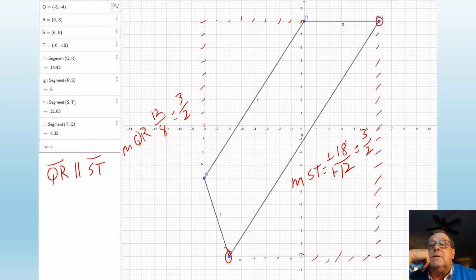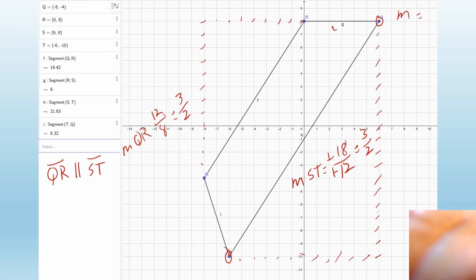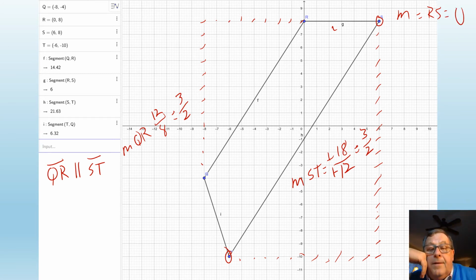All right, what about RS, the slope of RS? Well, it's just a horizontal line up here, so it has a 0 slope. So the slope of RS is equal to 0. And the slope of TQ, well, we've got a run of -2 and we got a rise of 1, 2, 3, 4, 5, 6, or -3.